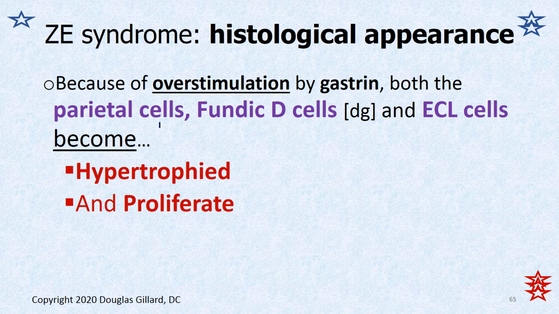They become hypertrophied. There's too many of them. It's that old saying, practice makes perfect. If they keep getting stimulated by gastrin unregulated, they get huge. The ECL cells also get huge, because the things that bind gastrin are also huge. The authors leave out fundic D cells, but those can also hypertrophy, even though they forget to mention that. I've seen that in papers.